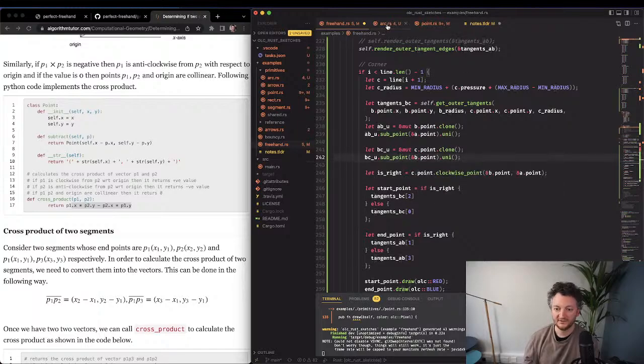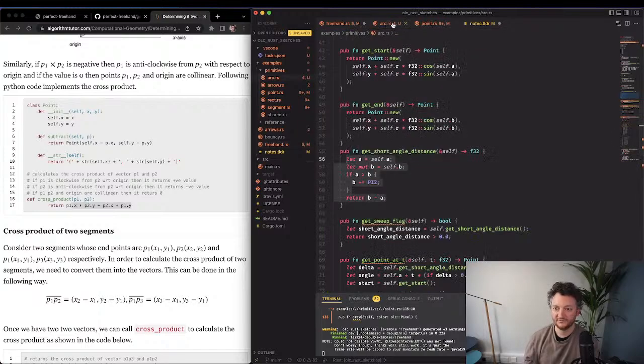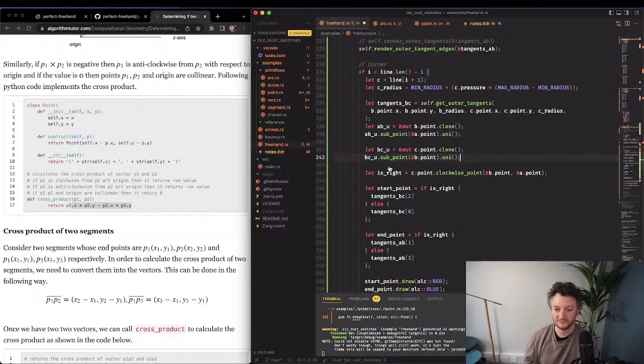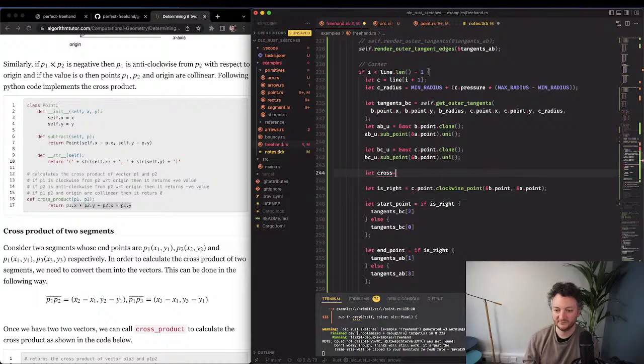Okay. And then we want to do this business. That cross product is ABU, BCU. So we're doing the cross product of these two unit vectors, ABU and BCU.